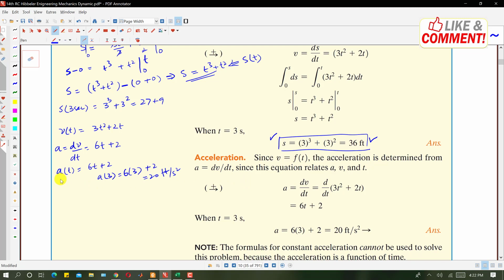So, as we can see in this problem, acceleration is a function of time, this means that acceleration varies with time, right. So, this means that acceleration is not constant.